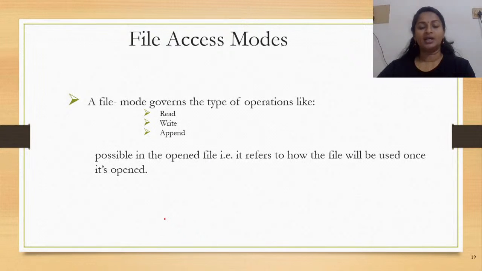Moving on, we had also seen the different modes in which you can open the file, right? Which were the modes that we learned? We learned the read, the write, as well as the append mode. Whenever you wanted to create a new file, you definitely had to use the write mode.